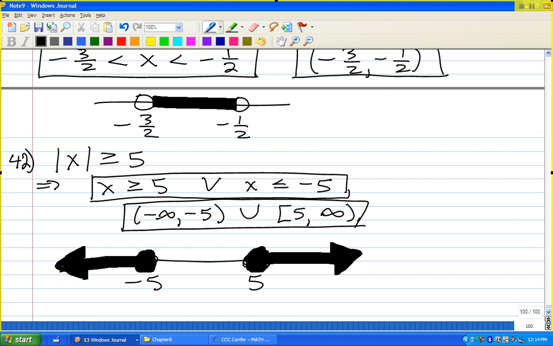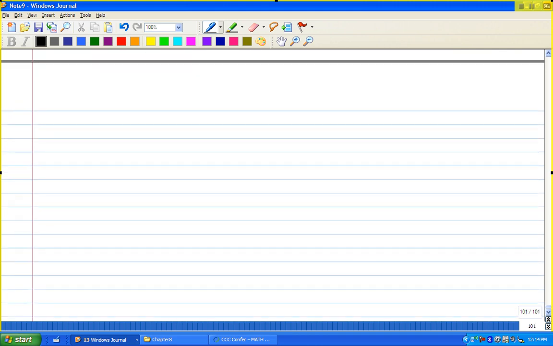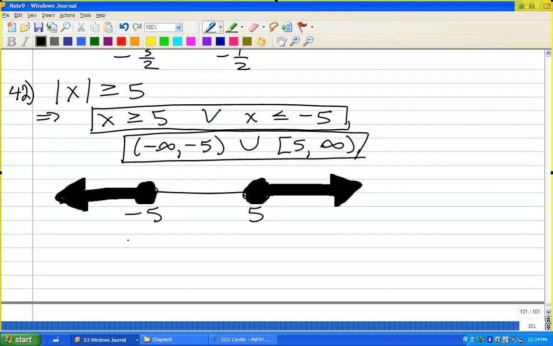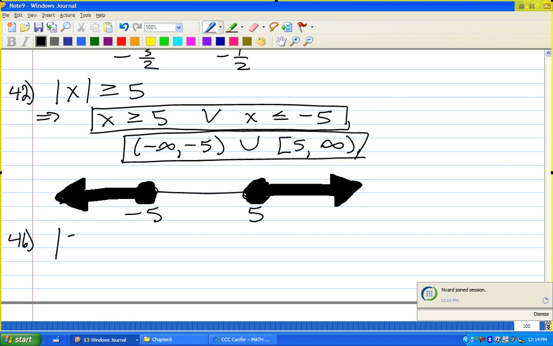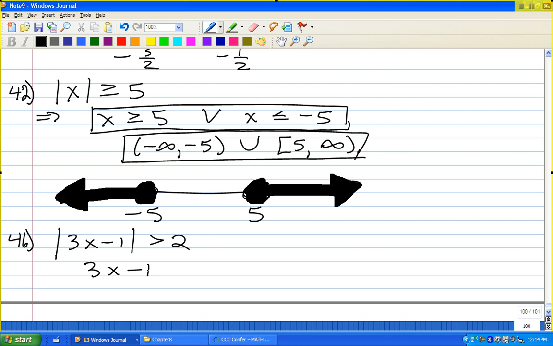Okay. Let me do problem number 46. Absolute value of 3x minus 1 greater than 2. And so that says that 3x minus 1 is greater than 2, or 3x minus 1 is less than negative 2.